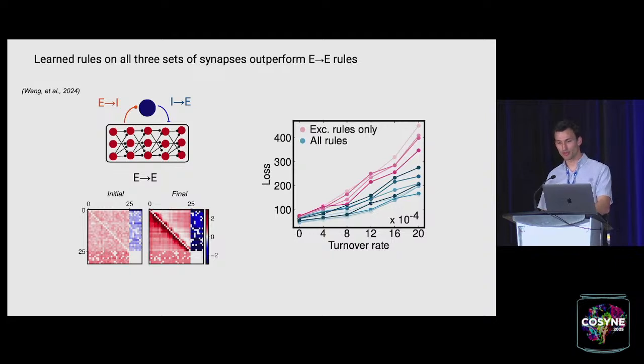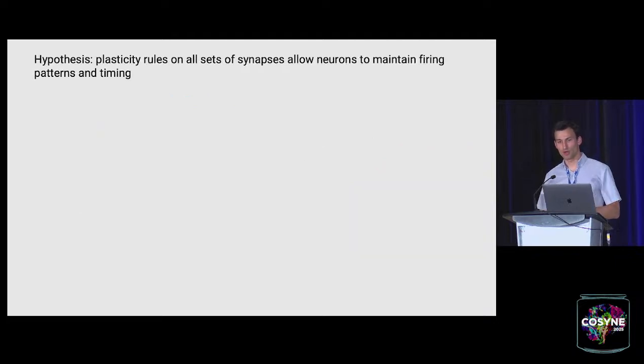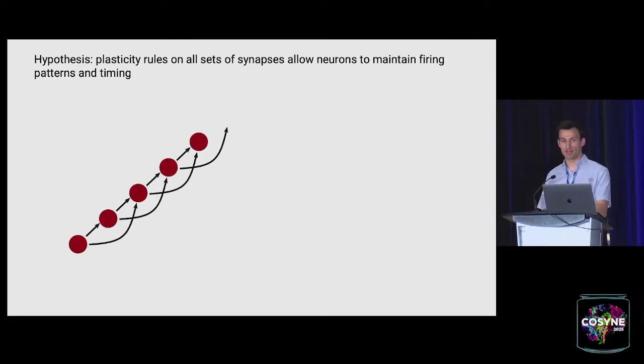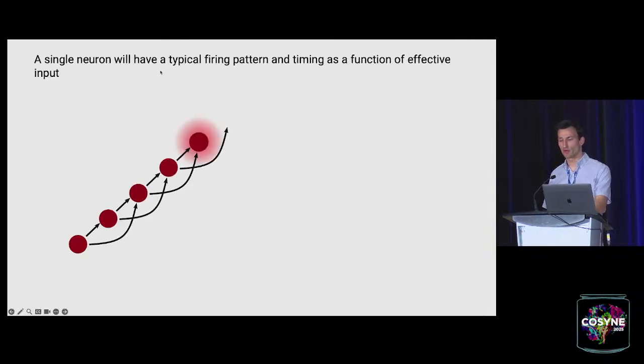And we were curious as to why, and so our hypothesis was that this additional plasticity would allow individual excitatory cells in the sequence to better maintain their typical firing pattern and timing through synaptic perturbations. So to illustrate this, imagine we have a sequence. We can focus on just a single neuron to begin with.